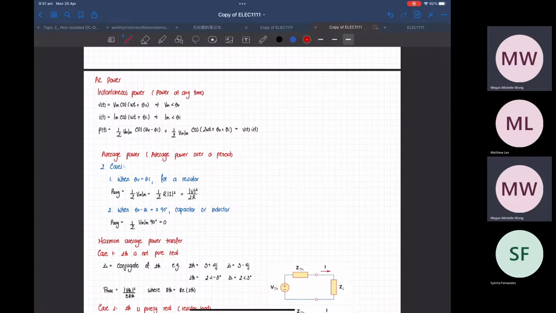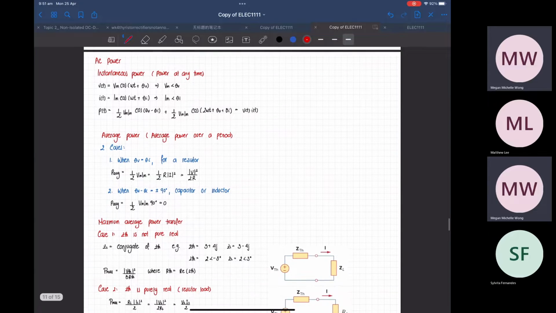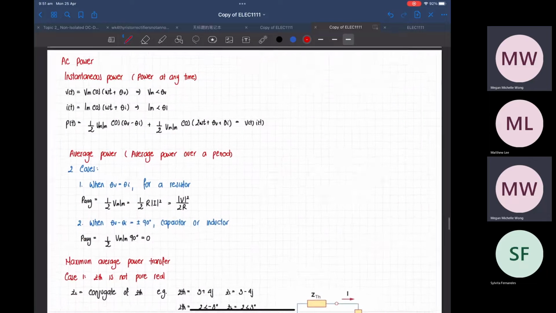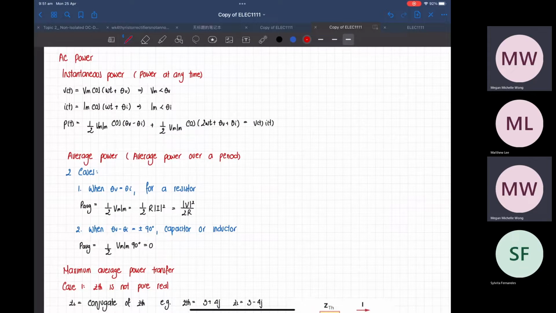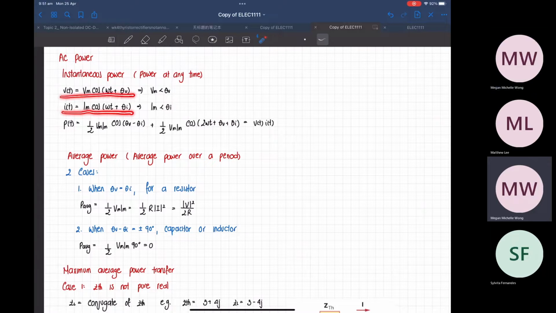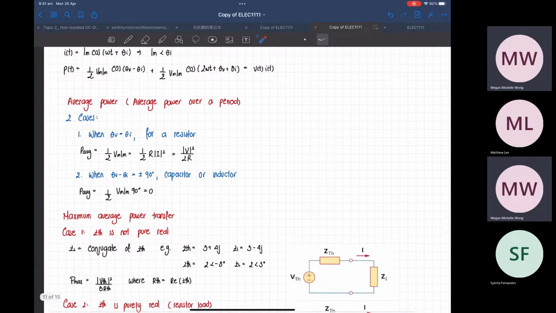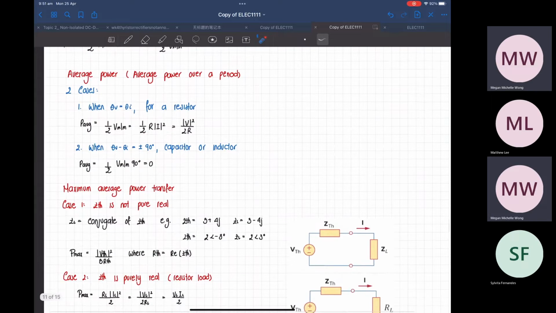Okay. Let's see. So this is AC power. For power, you have so many equations. For instantaneous power, which is power at any time, you get these kinds of equations, and you can see them on your lecture slides. They're all in the time domain, and the total power is this long thing. For the average power, there's something to remember.